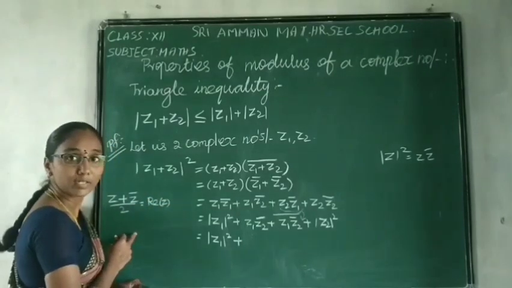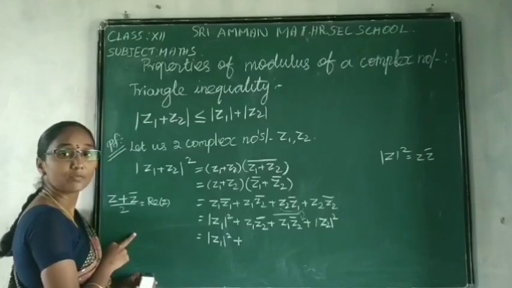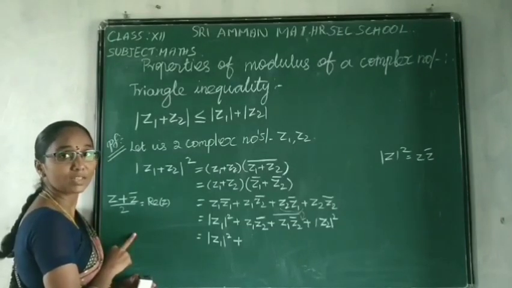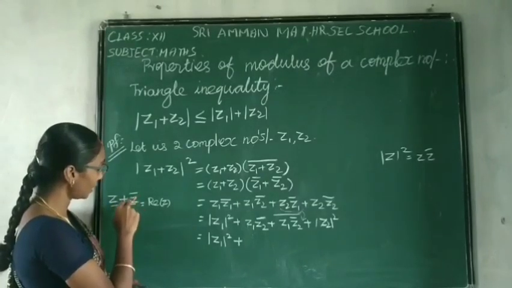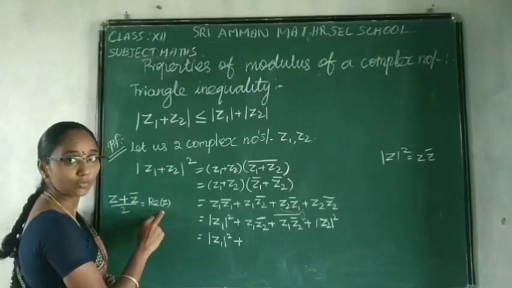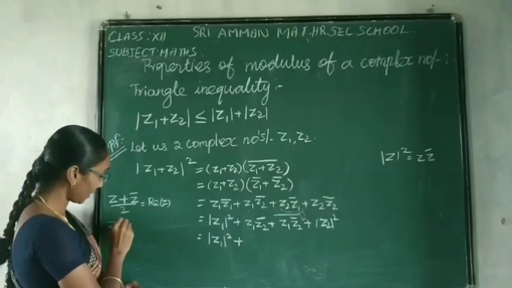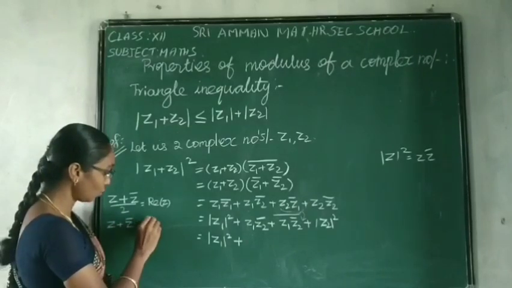You already studied this in the properties of the conjugate of a complex number. So z plus z bar equals 2 times the real part of z.